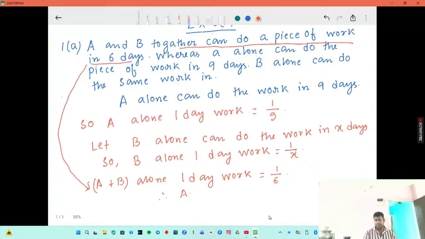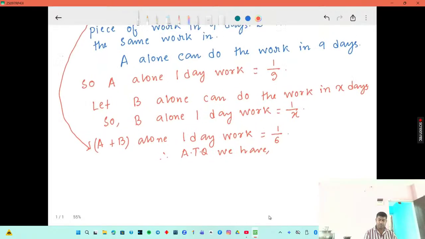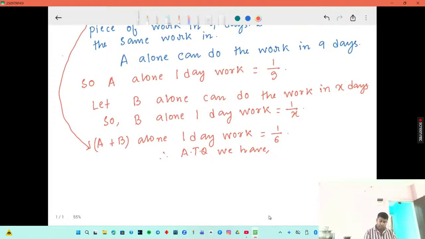Therefore, according to the question, we have 1 by 9 plus 1 by x is equal to 1 by 6. We will just solve this problem to find the value of x.